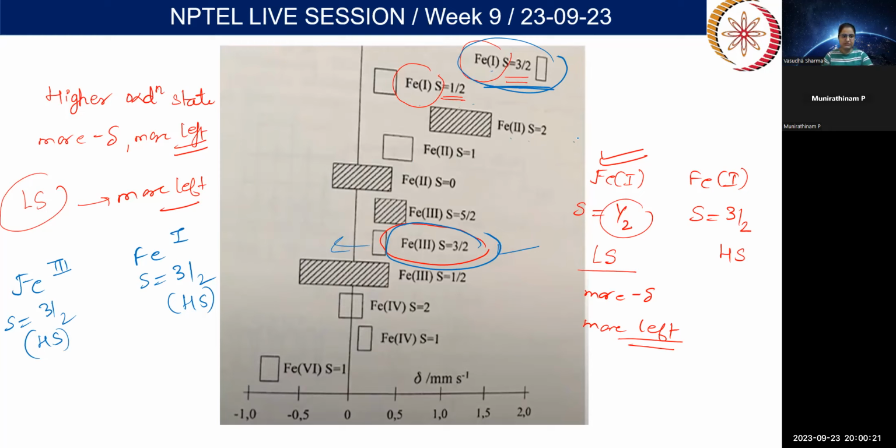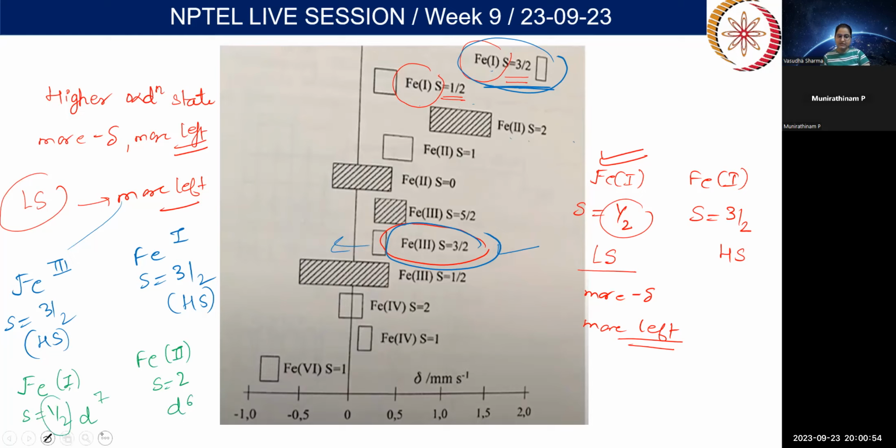So let's just see that we are taking iron in +1, iron in +2, S equals to half, S equals to 2. Now it's +1. We know that it is d7. This is d6, right?